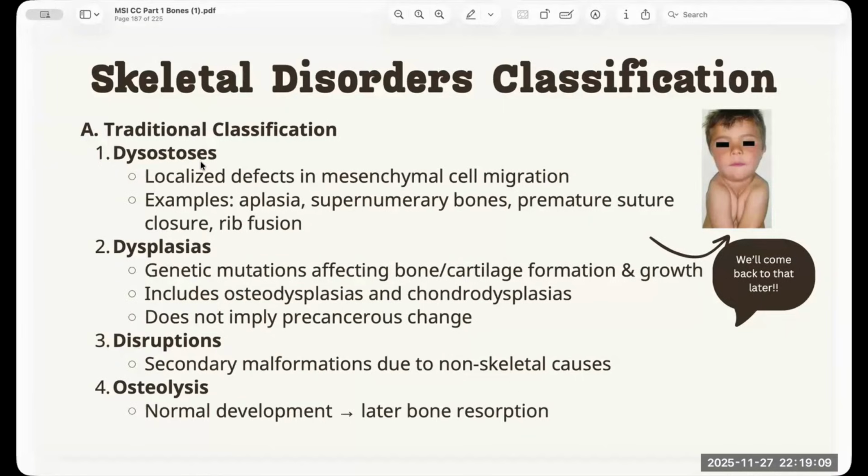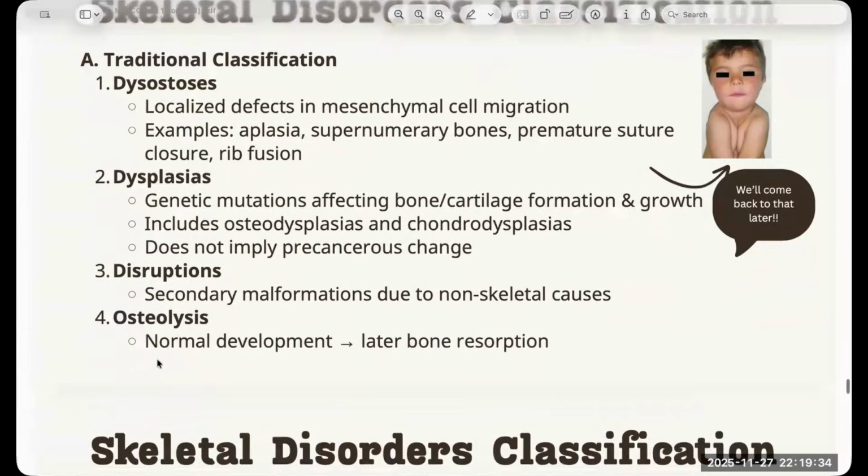I'll go back to the dysplasias later on, okay? By the way, for the dysostosis, here's a picture that was shown in the lecture. For the disruptions, it's secondary malformations due to skeletal causes, okay? And osteolysis is normal development, however, shows later as bone resorption, okay?